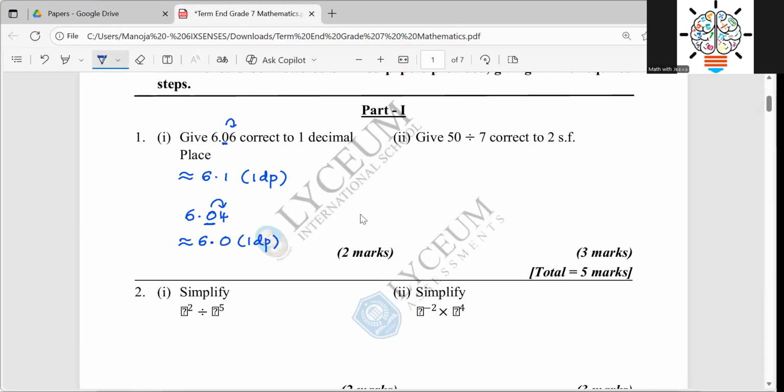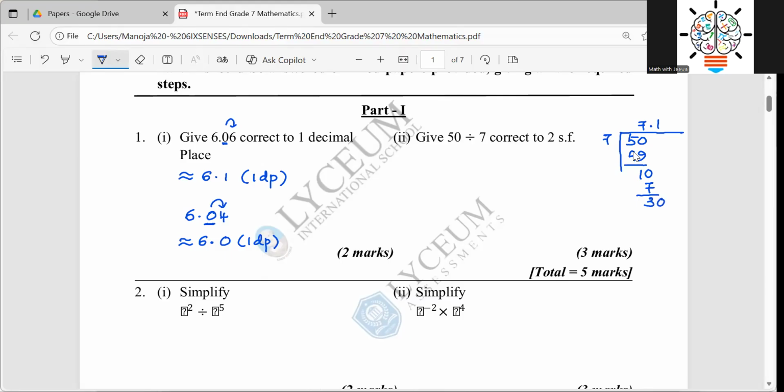Then the next one, you want to divide 50 by 7, okay? 7 times 7, 49, 1 remainder. You take an imaginary 0, put the decimal, 7 times 1, 7, then 3.